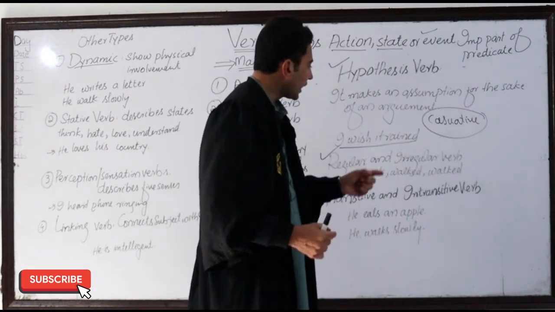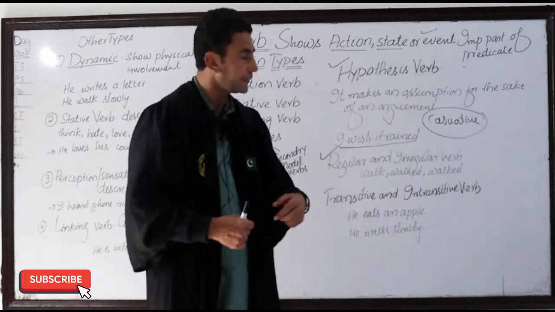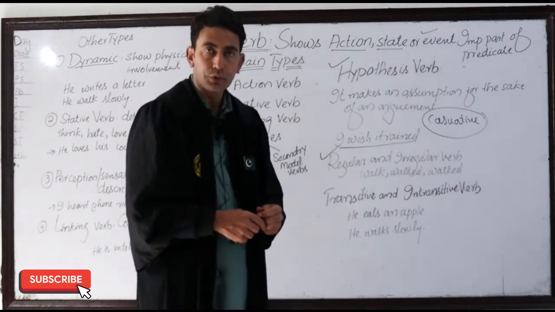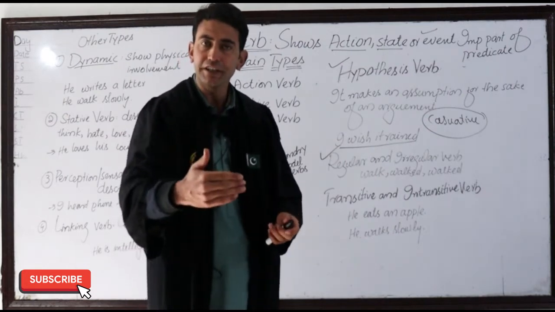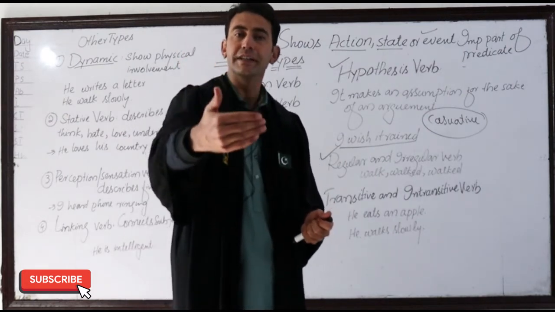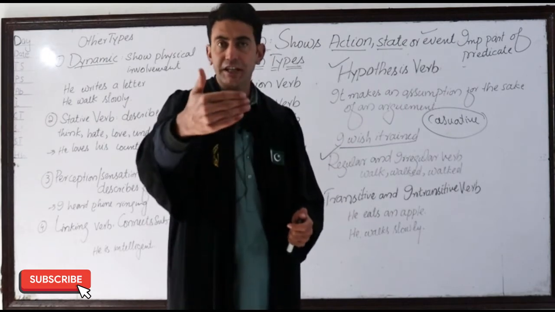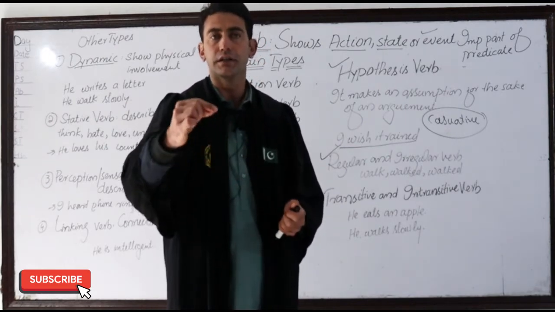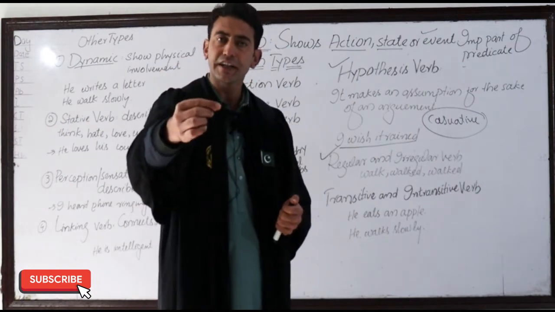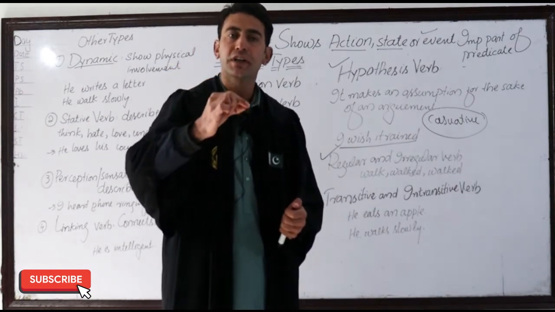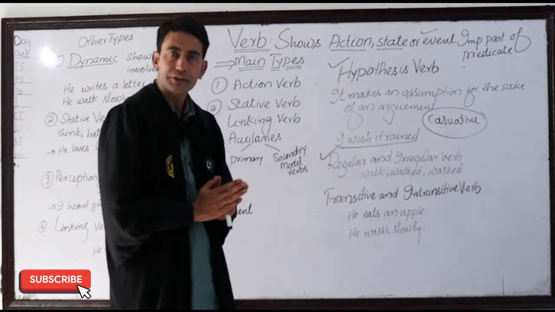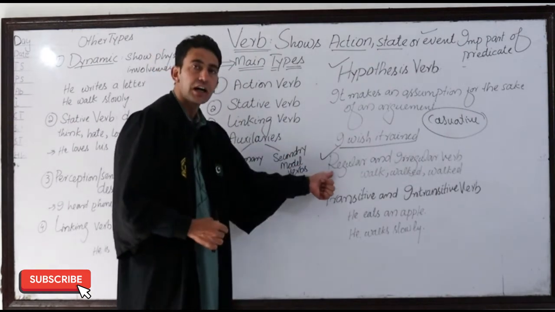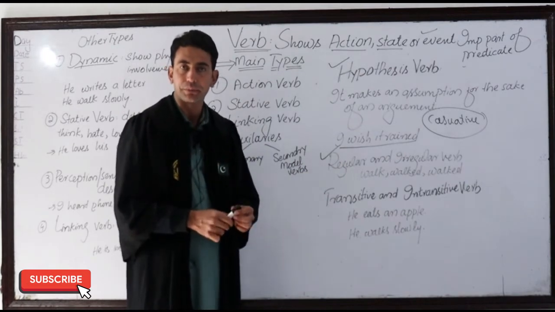By simply adding ed, we can get the second and third form of the verb, like complete, completed and completed, like finish, finished and finished. Understand? Like learn, learned and learned. Understand? So these verbs follow the same typical pattern, but it is not the case with the irregular verb.